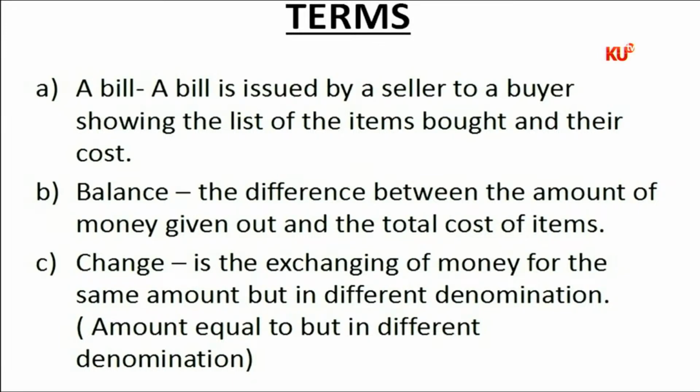It's only that the denominations are different. So remember, our currency, or the money, exists in two denominations, that is in note form and also in coin. So the moment you exchange, you get the same amount of money but in different denominations. That is what we call change. So those are some of the terms that you're going to come across as we deal with this subtopic, bills.